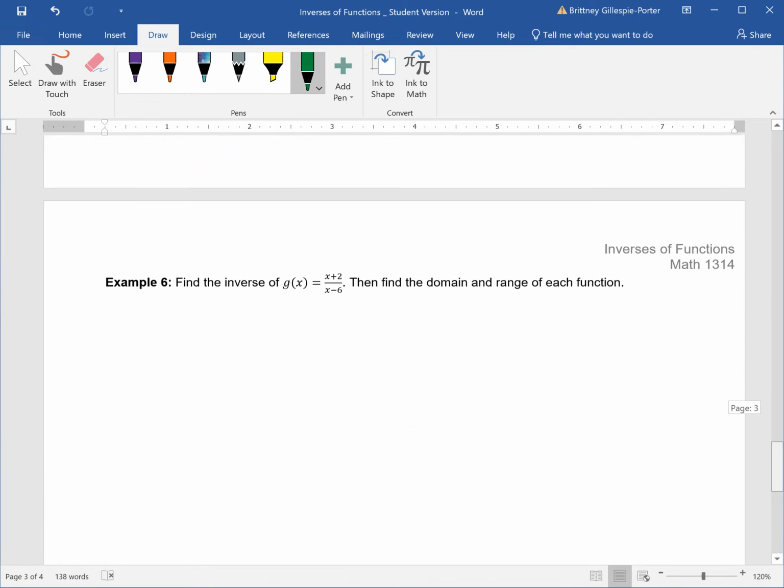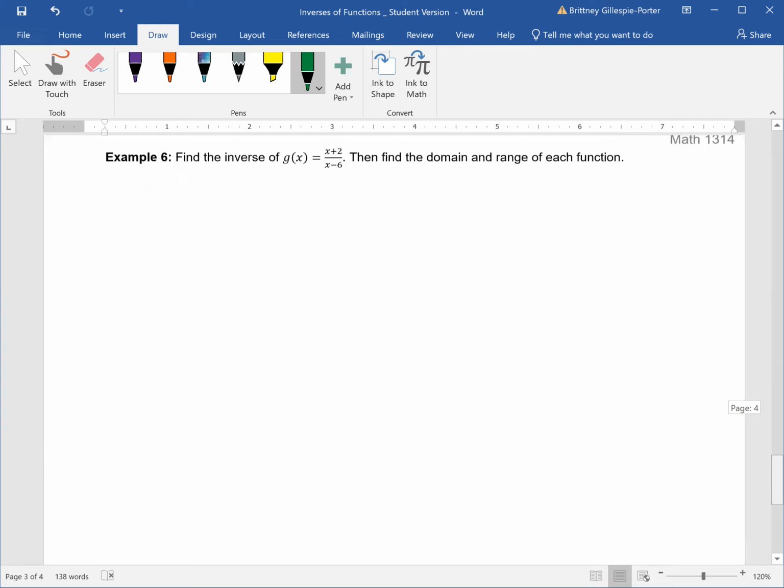Let's try one more. Inverse of another rational. But this time we have x's in top and bottom, so in the numerator and denominator. Step 1, we're going to replace g of x with y.